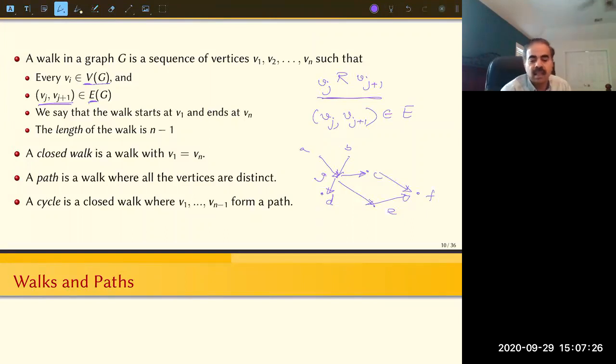So that's a graph, and it has how many edges? 5, 7 edges. So the relation has 7 pairs of the form Vj comma Vj plus 1.